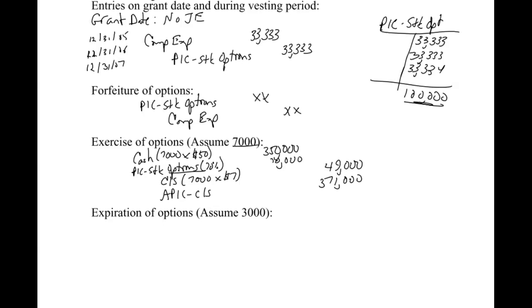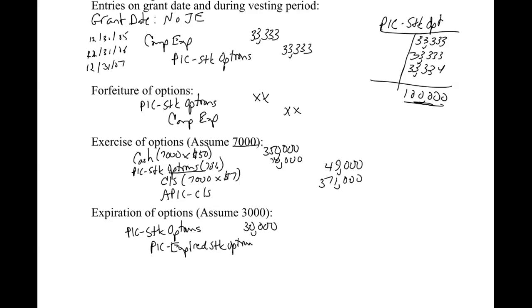If the stock options expire, so let's assume the other 30,000 in that account expire, we simply take them out of the paid in capital stock options account, 30,000, and we create this new account, paid in capital expired stock options.